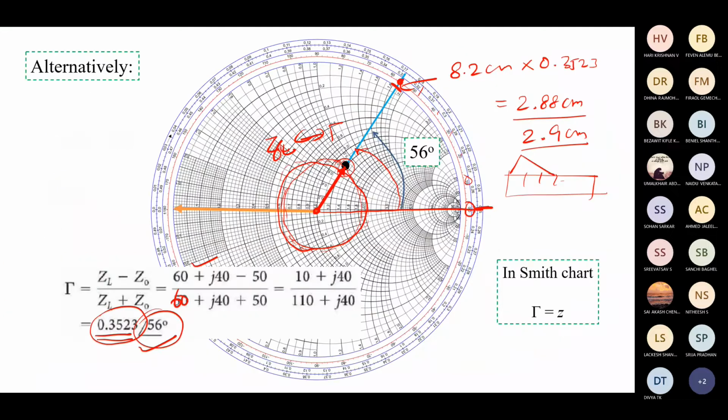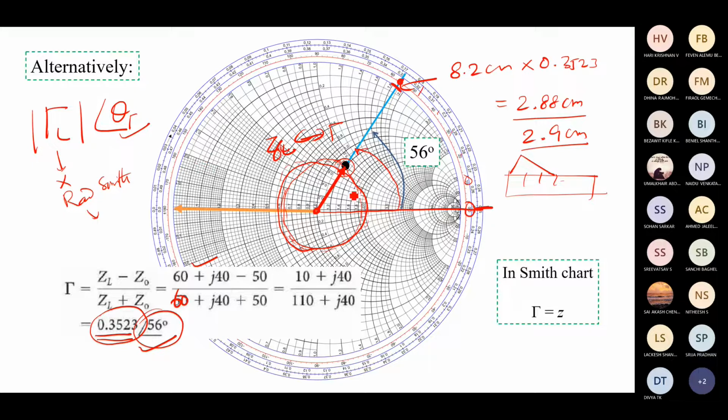The next method, the most commonly preferred method, is that many people directly calculate the reflection coefficient rather than impedance. For them, this is the method to follow. They calculate the magnitude and the angle of the reflection coefficient. The magnitude should be multiplied with the radius of the Smith chart, and this value should be drawn as a circle.